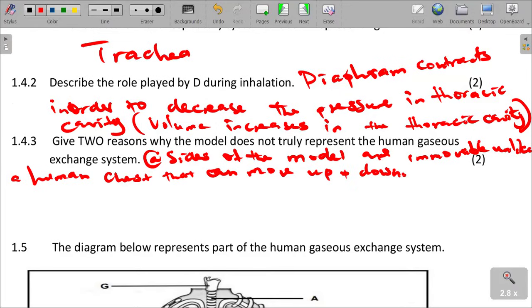When a human chest moves up and down, it shows the contraction and relaxation of the intercostal muscles.